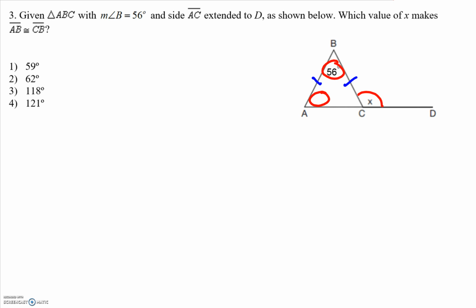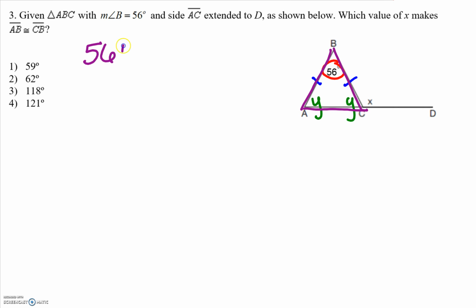So first, let's try to figure out our inside angles. We want AB to be congruent to BC, which means it's an isosceles triangle. Therefore, our base angles, which I'm just going to call y, would be equal. Then we have this triangle, and we know that angles in a triangle add up to 180.